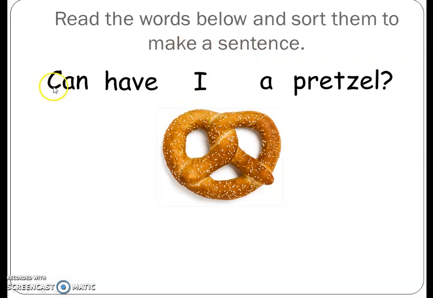And C in the word can is capital. But what would make sense? I can have a pretzel? Well, that sounds like it, but it's asking a question. So we know that the first word has to be able to answer a question. So our first word is going to be can.